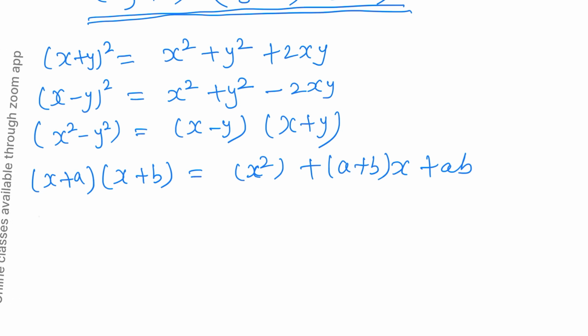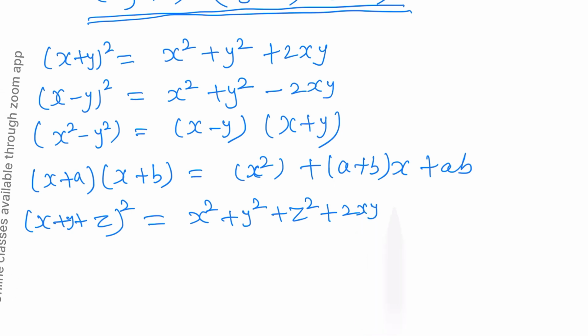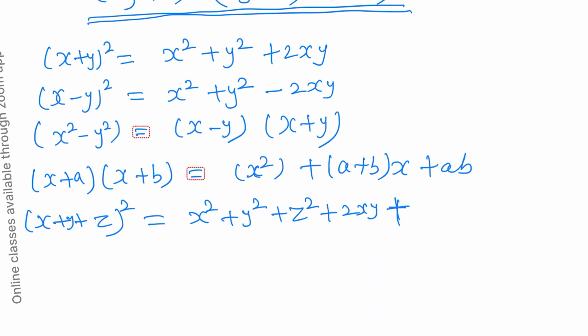Then after we have x plus y plus z whole square is equal to x square plus y square plus z square plus 2xy plus 2yz plus 2zx.